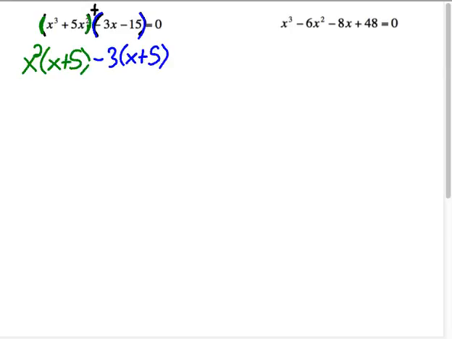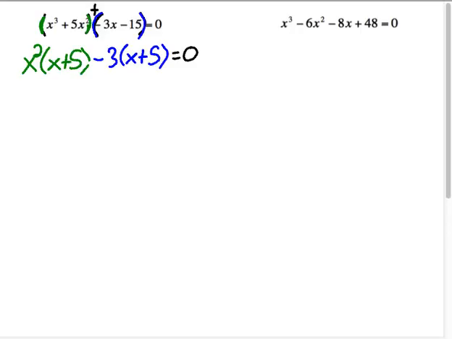Because when I pull the negative out with it, now it matches. So if you're getting two parentheses that are exactly opposite of each other, what that means is you should be pulling out a negative with it.